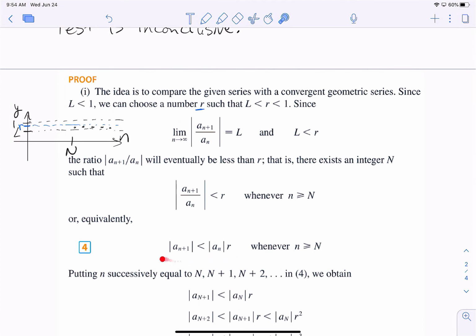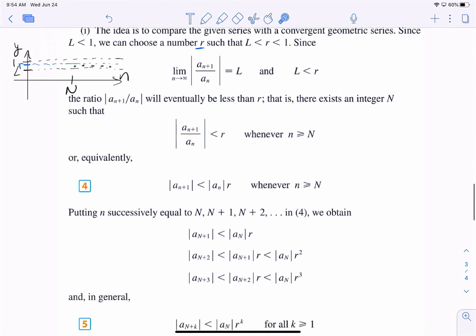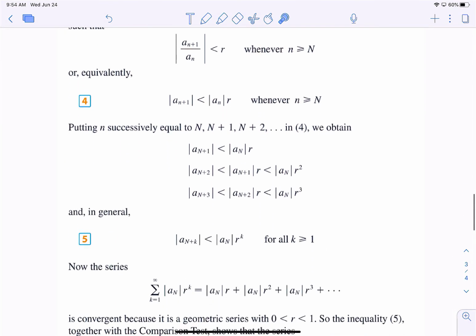Clearing the fraction gives us absolute value of a sub n plus 1 is less than a sub n times r. And going through this process iteratively, if n is big enough, bigger than uppercase N, starting with uppercase N plus 1, we have that absolute value of a sub n plus 1 is less than absolute value of a sub n times r, just like the previous inequality we just saw.